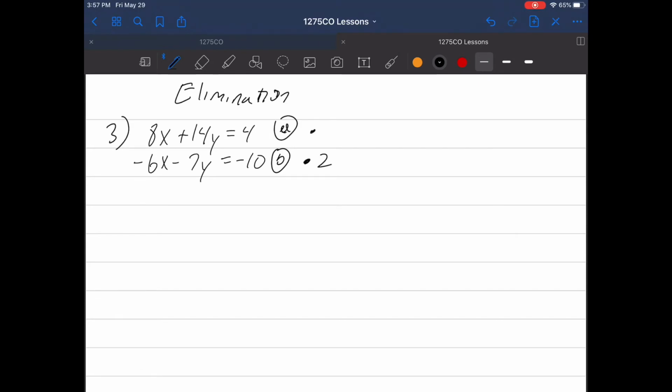And what we're looking to do for the elimination method is multiply, or essentially add up these equations together. If we add up these equations together, kind of like long addition, we're going to get 2x plus 7y is equal to negative 6, right? Still not great.